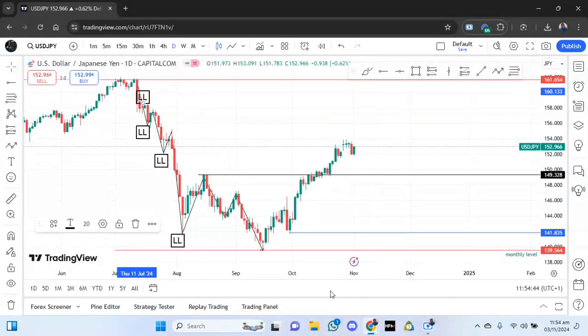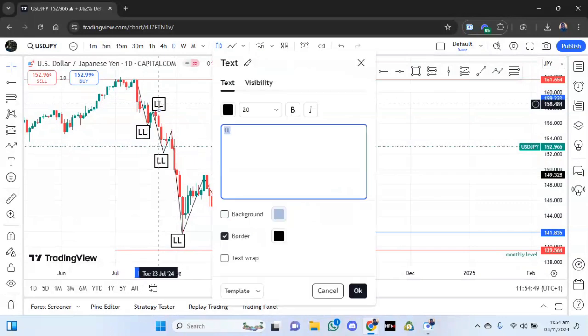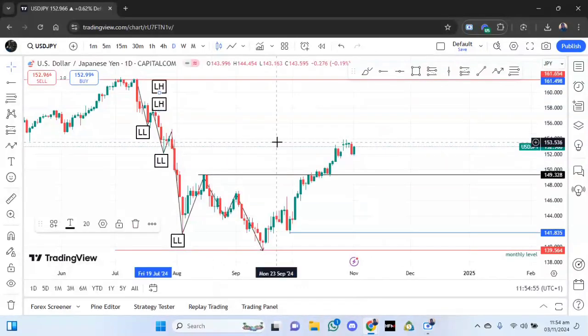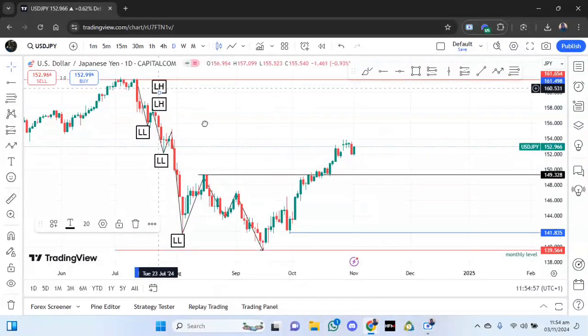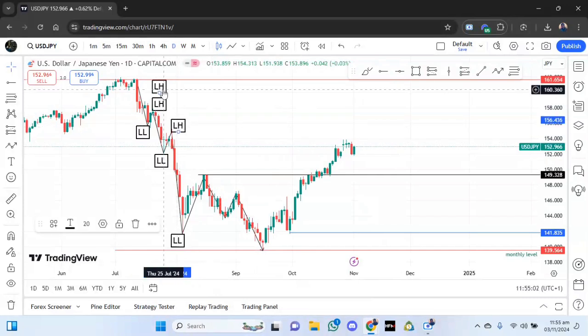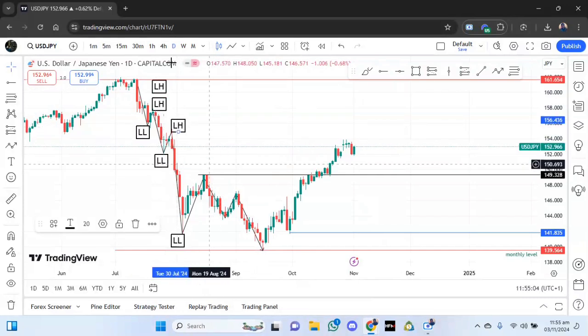And then I'm going to make one, we're going to call this the lower high. So LH meaning lower high, LL meaning lower low. So this is another lower high. And this is actually another lower high.